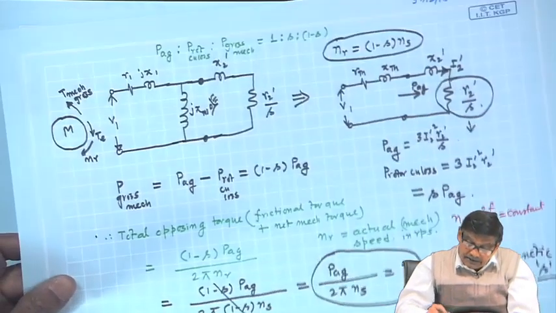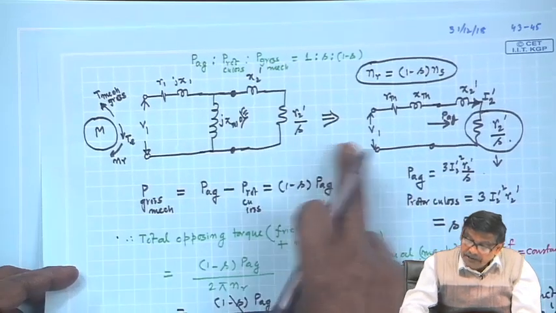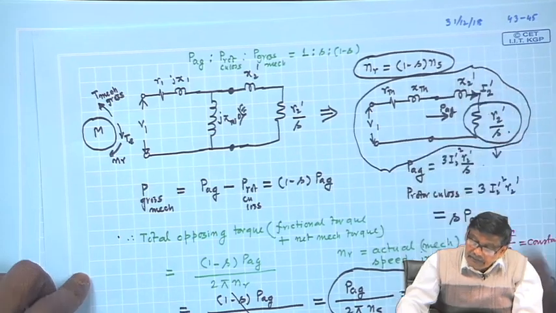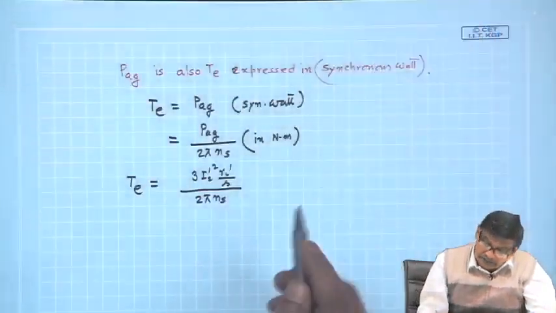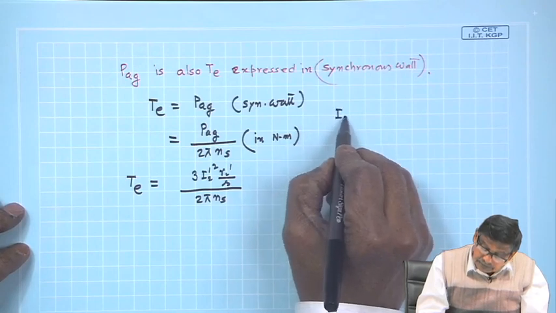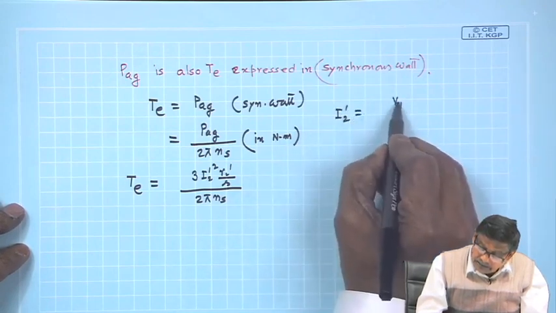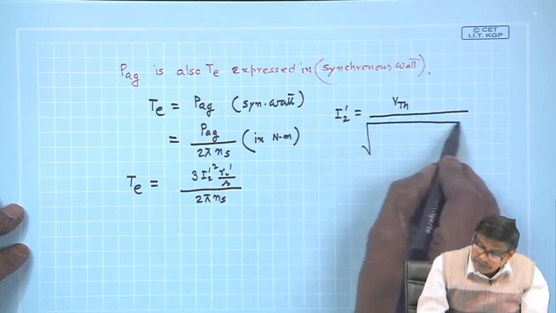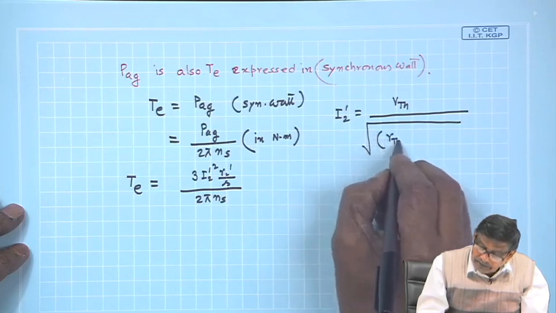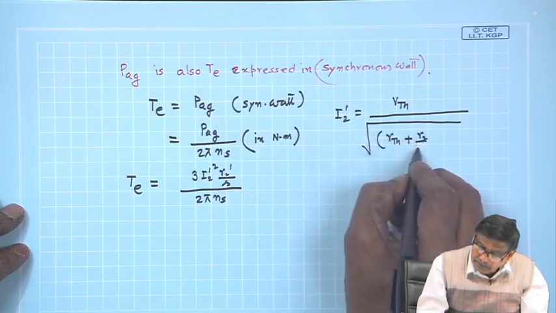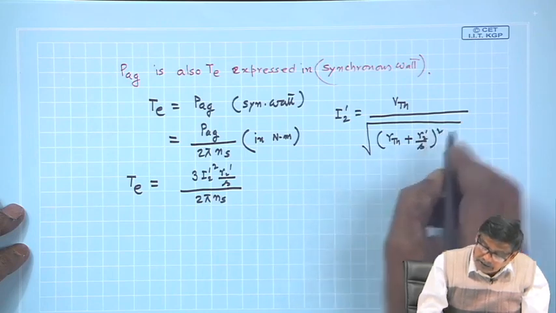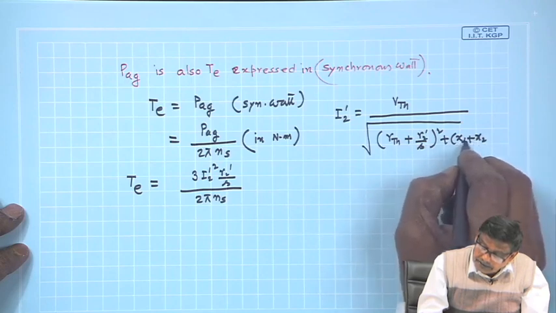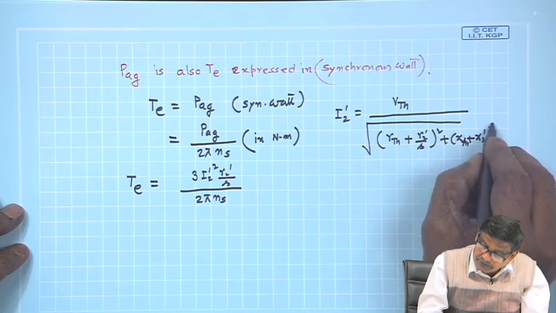And the equivalent circuit is this, which we will consider, the Thevenin's equivalent circuit. So, this I2 dashed is nothing but V Thevenin divided by square root of R Thevenin plus R2 dashed by S whole square plus X Thevenin plus X2 dashed whole square.